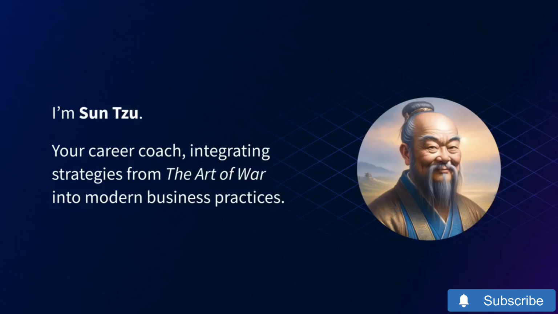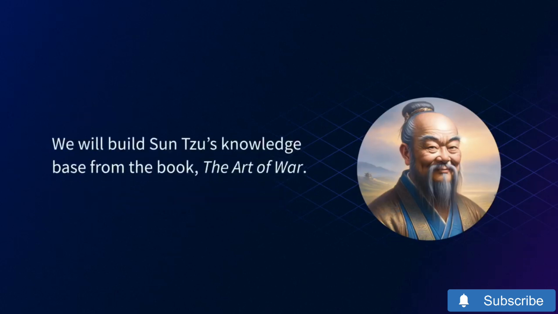For example, Masayoshi Son, the president of SoftBank, invested in Uber, WeWork, DoorDash, and so on. Today, we'll build a GPT to transform Sun Tzu into a career coach in the 21st century. Sun Tzu would integrate historical strategies into modern business practices to help people achieve their career goals.